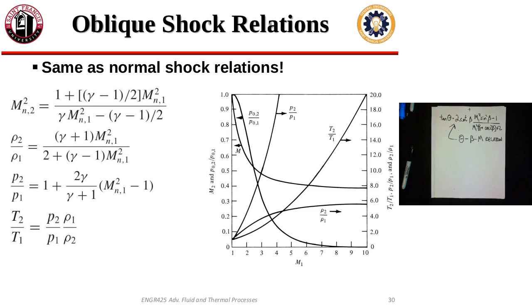Also, the speed that you're going at is also related to the angle of the shock wave. So we know that the turning angle theta, the wave angle beta, and the Mach number of the body moving through the flow, they're all related. And if you work out the math, it ends up being like this, but it's all implicit.